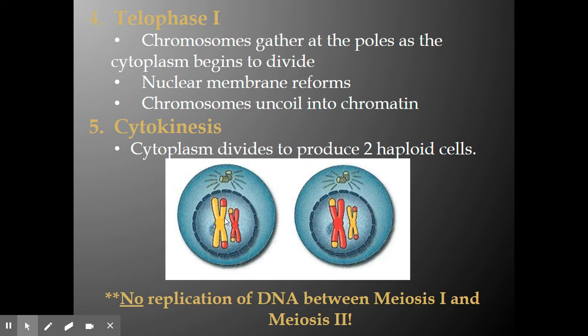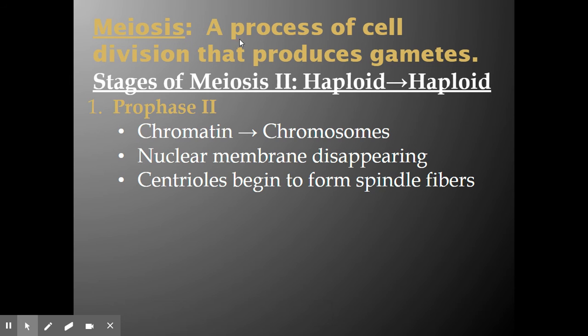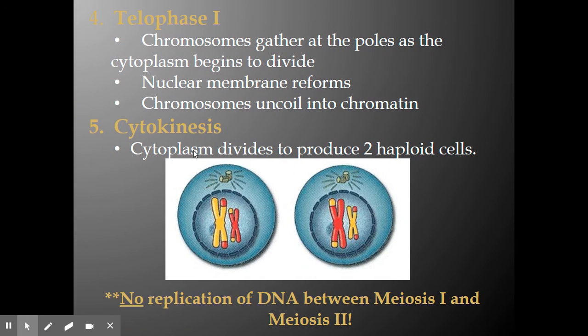Okay. From here, we go straight into meiosis 2, where we're going from a haploid cell to another haploid cell. We start again with prophase, just prophase 2 at this time. Your chromatin hopefully is still in the chromosome phase because, like we said, oh, never mind, sorry, it does uncoil.